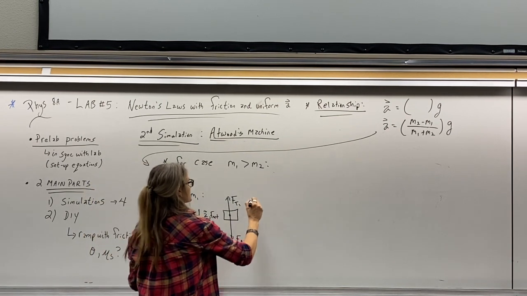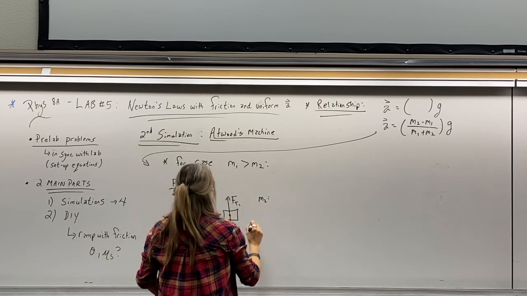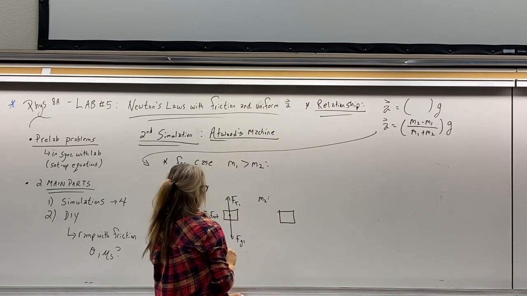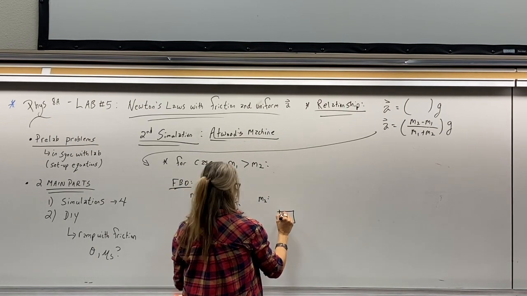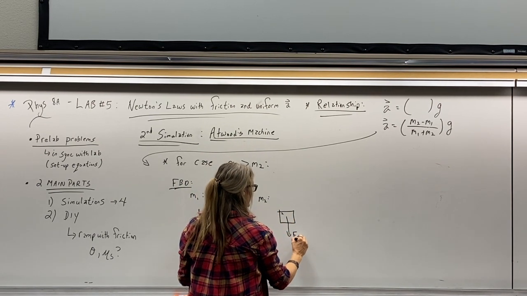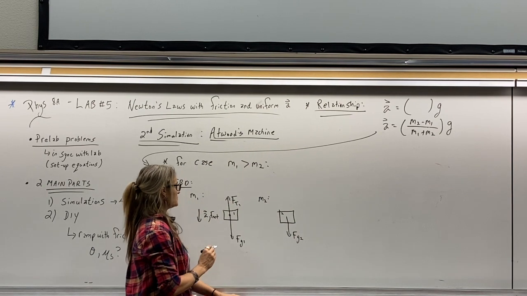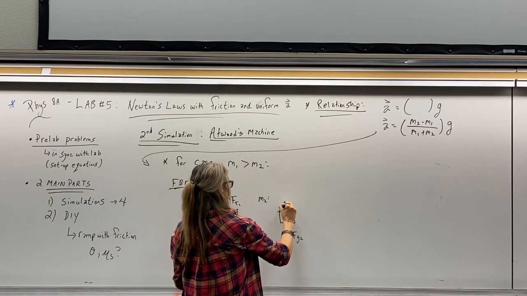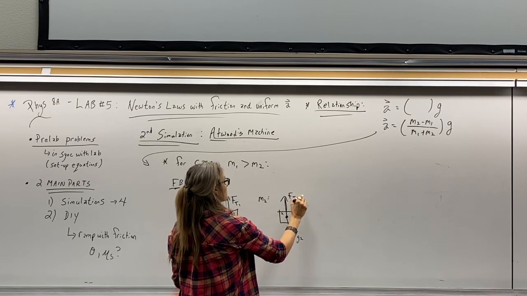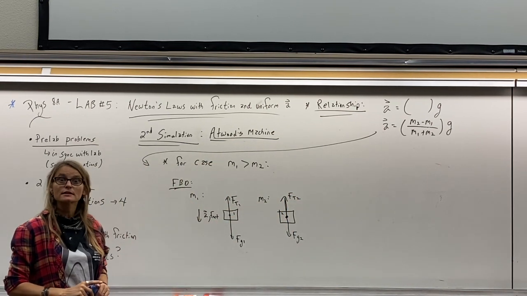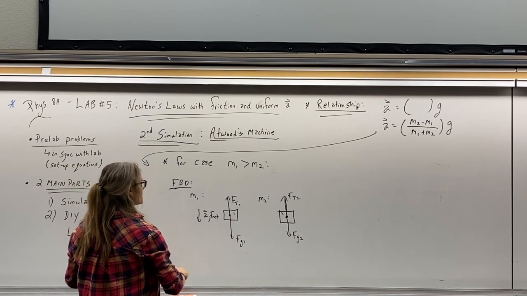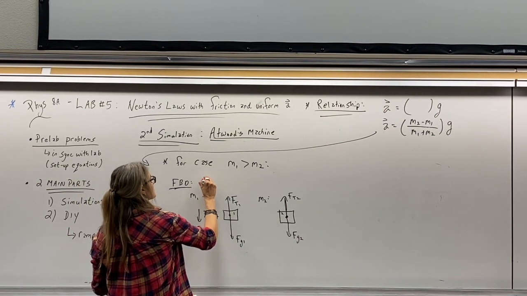We know that it's going to accelerate this direction because that's the direction of your net force. For M2, it's going to be pulled upward, right? This is 1, this is 2. We'll have less weight because it has less mass, Fg2. But something curious we know is going to occur, which is that these tension forces for each should be the same. So we have to note 2 important relationships.